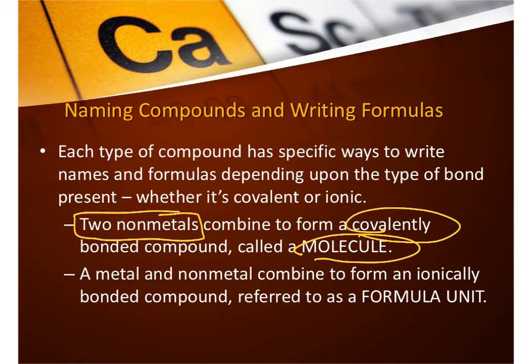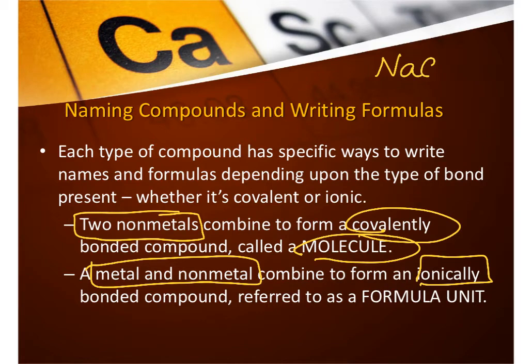Now, that may sound almost too obvious to mention, but the reason I bring it up is because an ionically bonded compound, which is formed when a metal and nonmetal combine to make a bond, is not called a molecule, okay? We refer to a unit of an ionically bonded compound, so for example, sodium chloride, as a formula unit. So when you come across formula unit, I want you to kind of think molecule, okay? We'll talk about where that name came from later on.